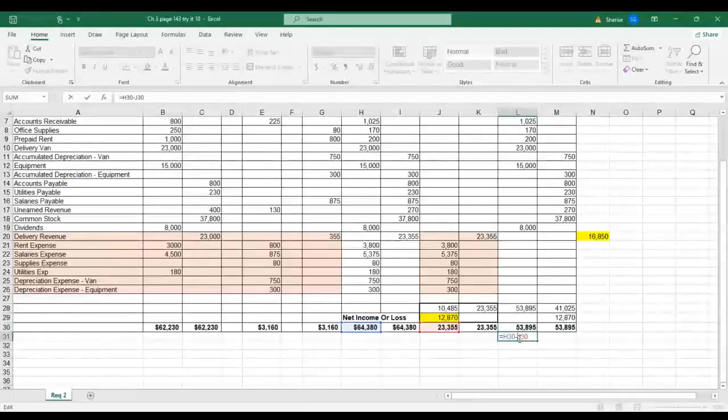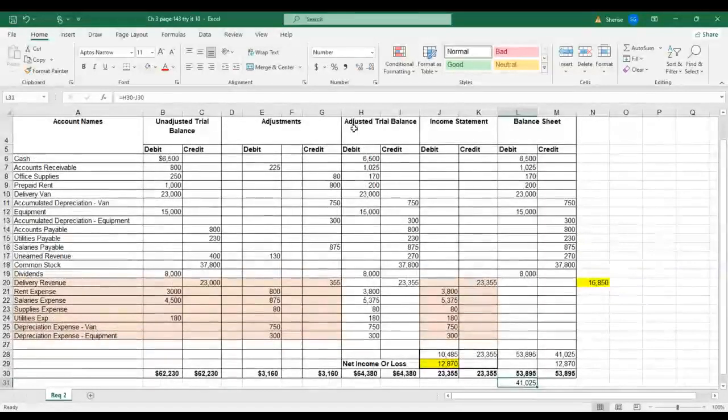And then I just put a check in here to check, because your adjusted trial balance includes all of your income statement and balance sheet accounts, right? All of these are balance sheet and all of these are income. So this total for your adjusted trial balance should equal your income statement plus your balance sheet.